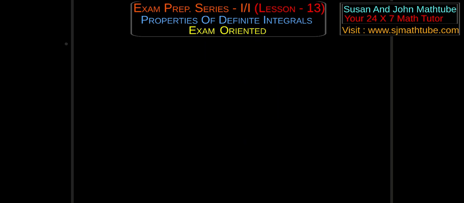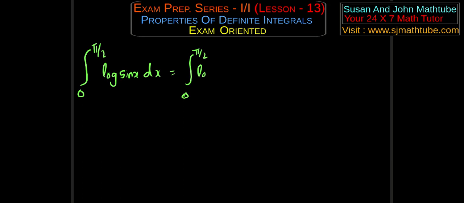In this lesson, we are going to do one extra important problem which they always ask in exam. So please note the question. Prove that integral 0 to pi by 2 log sin x dx is equal to integral 0 to pi by 2 log cos x dx.